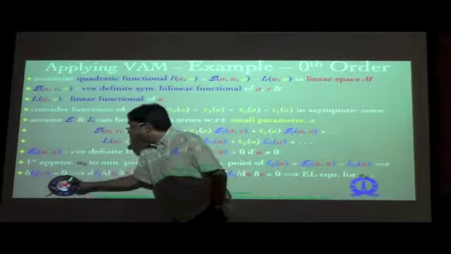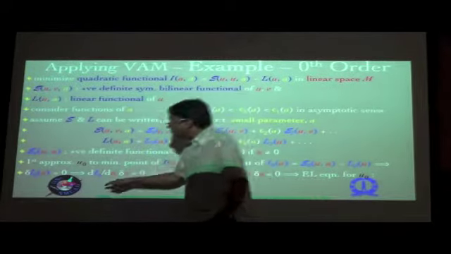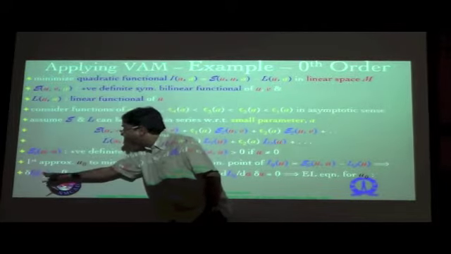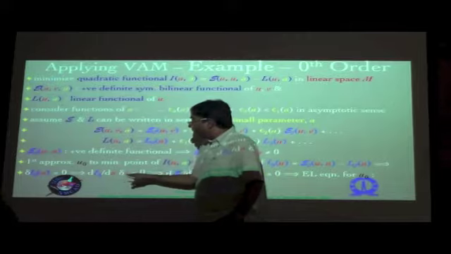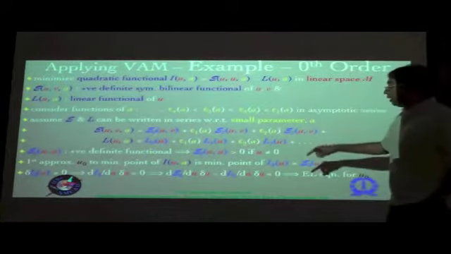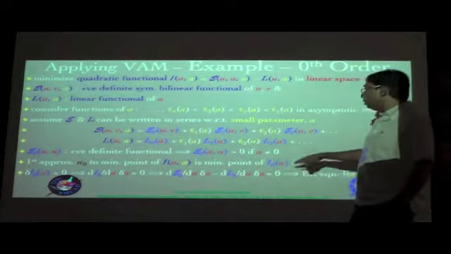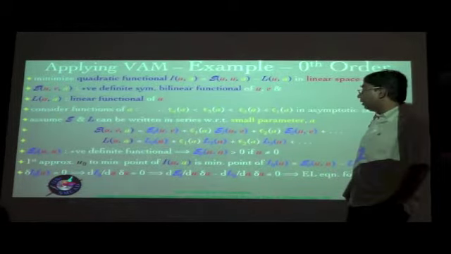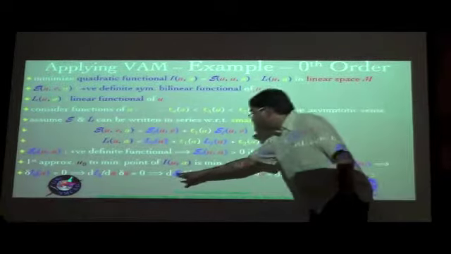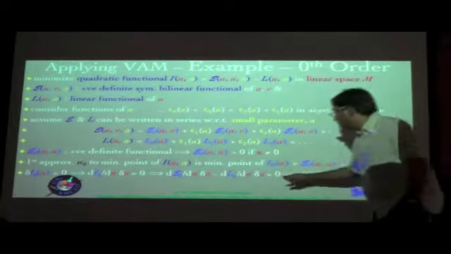So delta I naught is equal to 0, which translates to taking the derivatives of I naught with respect to the u's and then multiplying by the variation of u and setting it equal to 0. So now we can substitute for I naught in terms of E naught and L naught, which is basically over here, E naught minus L naught. So once we do that, you basically get this expression.